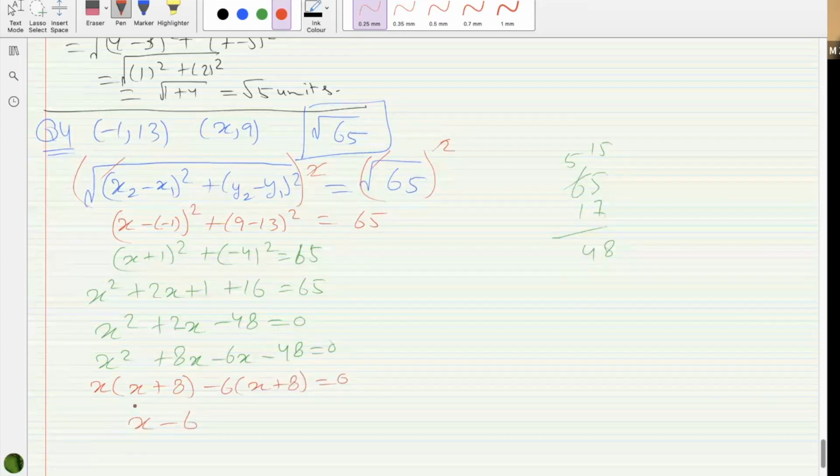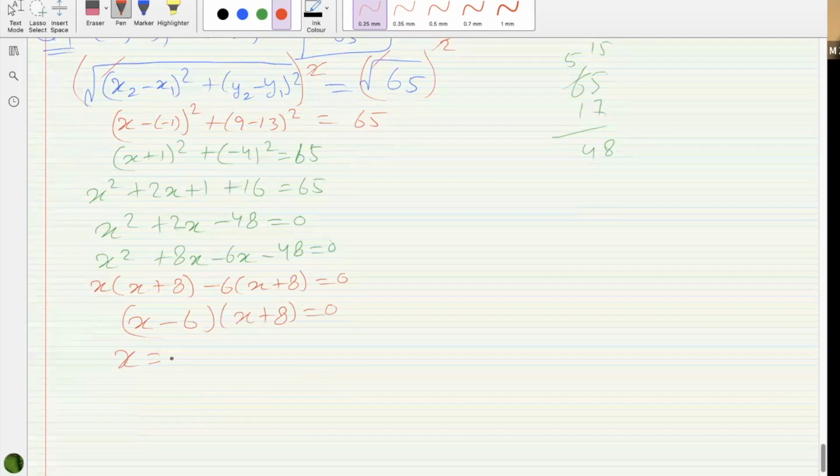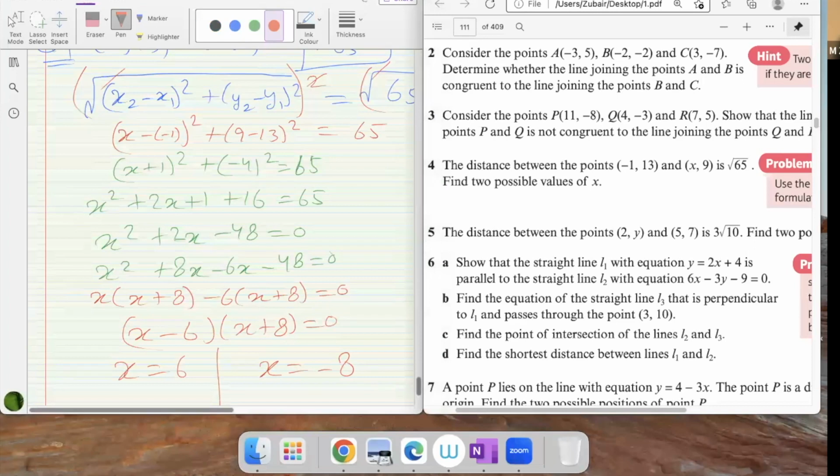So x minus 6 into x plus 8 equals 0. So we have either x equals 6 or x equals minus 8. These are the two possible values for x, for it to have a distance of square root 65.